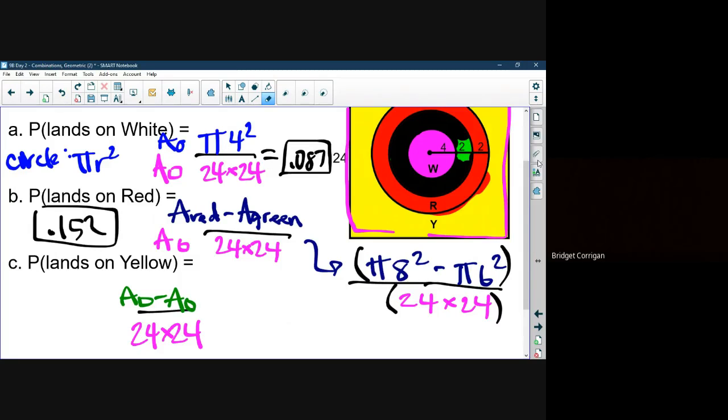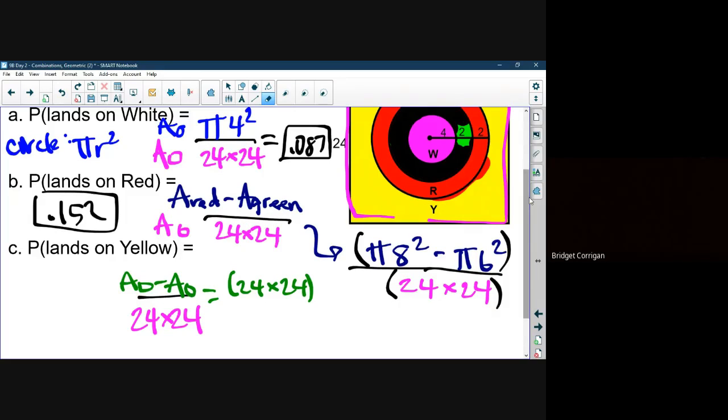So the area of the square, again, is 24 by 24. And we're going to subtract off the area of the circle, which is pi times 8 squared. That's all going to be on top.